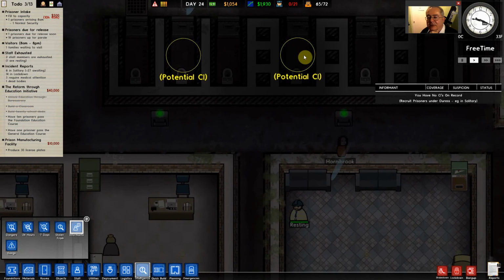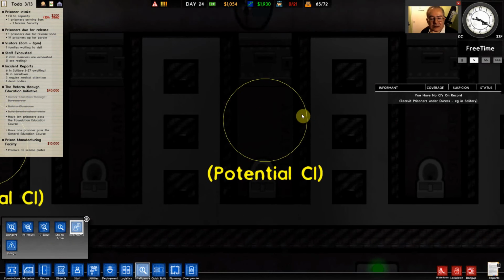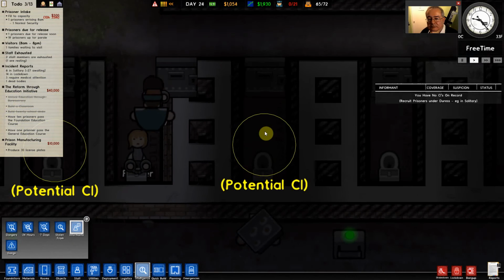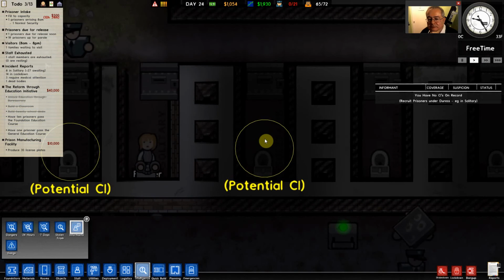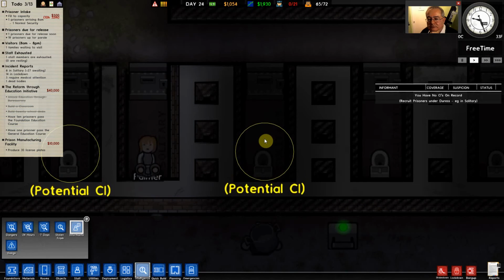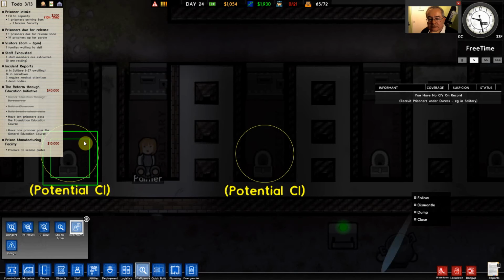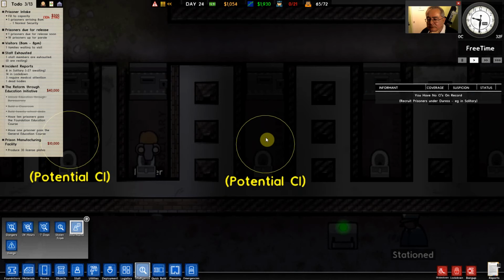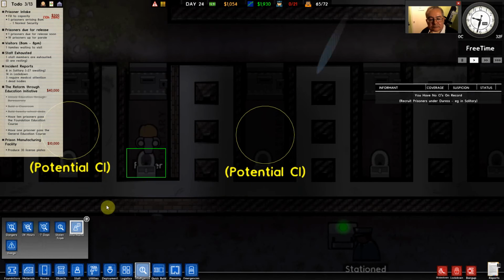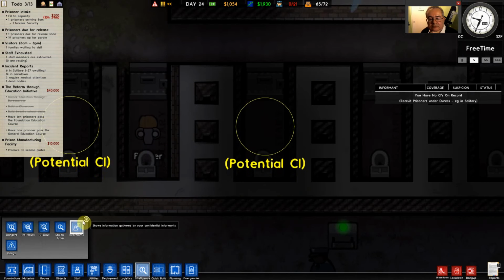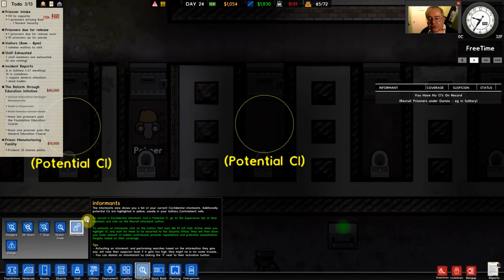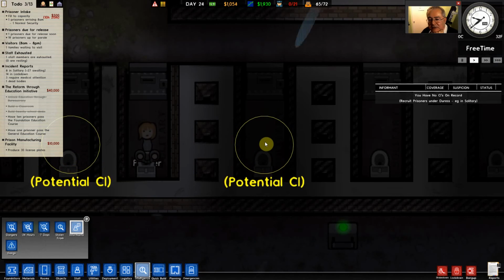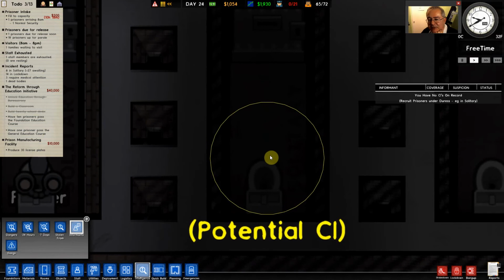Dismantle the toilet, but how do I recruit the prisoner? To recruit them, find them, go to the experience tab of their rap sheet. Ah. Okay, but I can't even see them at the moment.